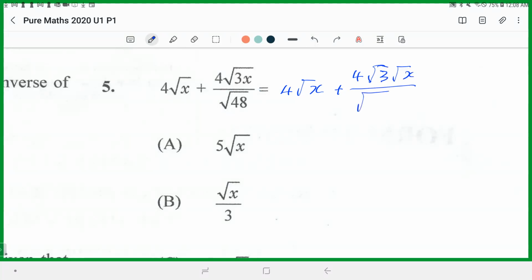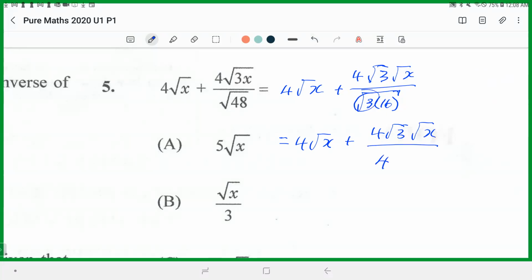I'm going to write that the square root of 3 times 16. 3 times 16, that's 48. Because I'm trying to get the root 3 to cancel with this one. But then this is root 16. Root 16 is 4. So it really becomes equal to 4 root x plus 4 root 3 root x over the square root of 16, which is 4.